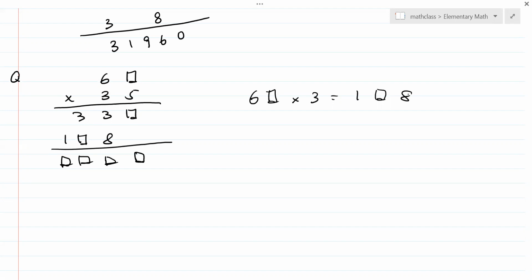60 something times 3 equals 100 something 8. Right? There are only a few numbers, right? Which digit can you put in the units place to get 8? The units digit is 8 in the product.